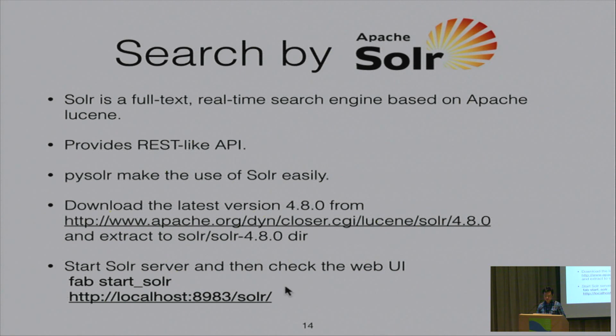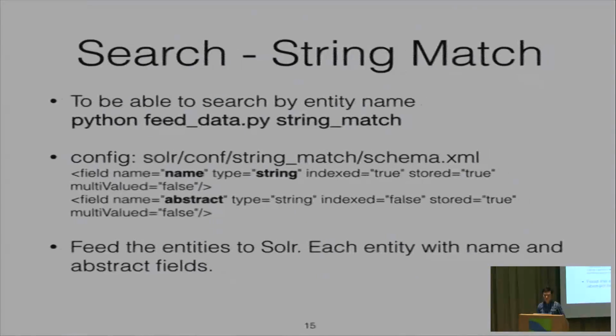After that, you can see a web UI in your browser with this URL. You can do some monitoring and experimentation on the web UI. Okay, so we are ready to do the indexing for our knowledge database. Let's start to do the search.